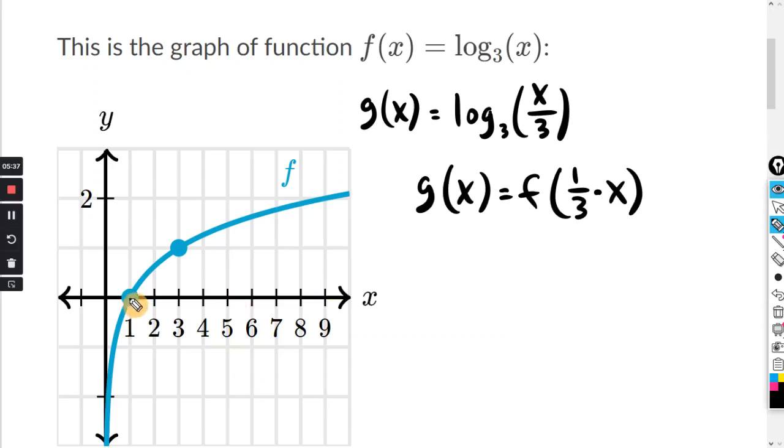Now, at x equals 0, see this right here? I'm sorry, I meant to say x equals 1. This is 1 on the x-axis. All right, so this is the f function. Right here is f of 1.